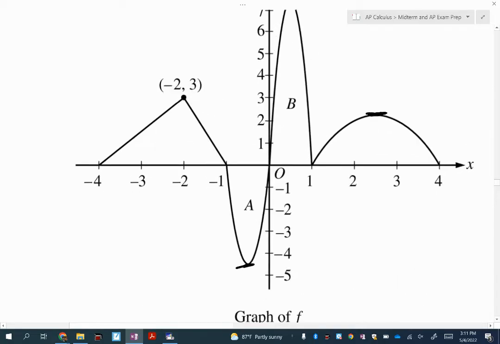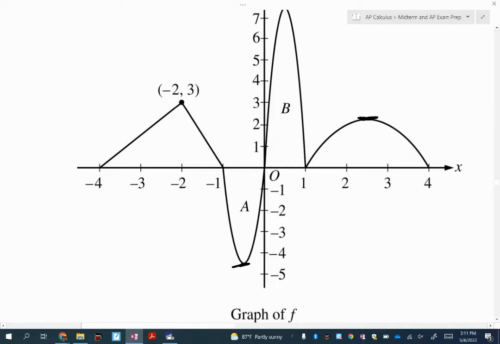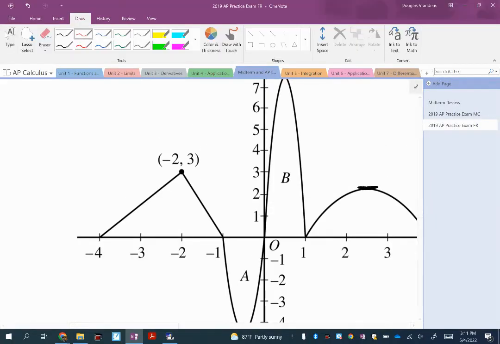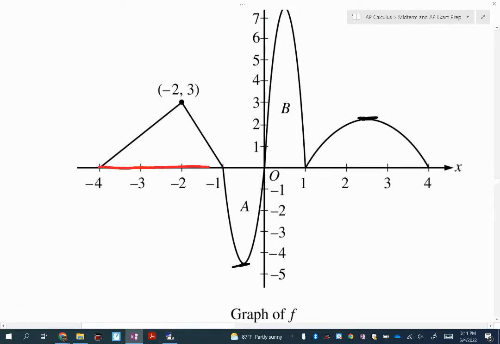Okay, so look at -4 to 0. I'm focused on -4 to 0. What do you notice about -4 to -1? It's a triangle. Do you know how to find the area of a triangle? All right, so we have a triangle, which is, what's this base? 3. Excellent. What's the height? 3.